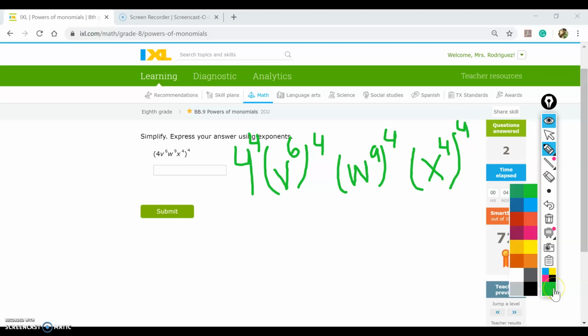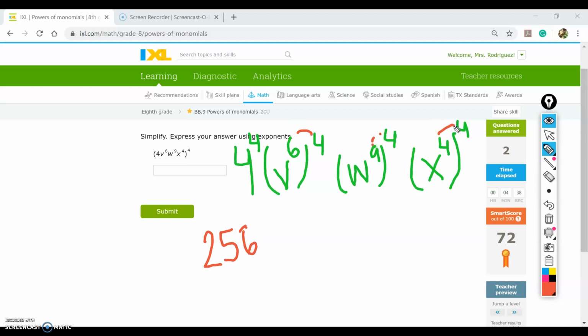So if I do 4 to the power of 4 in my calculator, I'm going to get 256. Then if I multiply these exponents, I would get v to the power of 24, because 6 times 4 is 24. I would get w to the power of 36, because 9 times 4 is 36. And then x to the power of 4 times 4, which is 16.